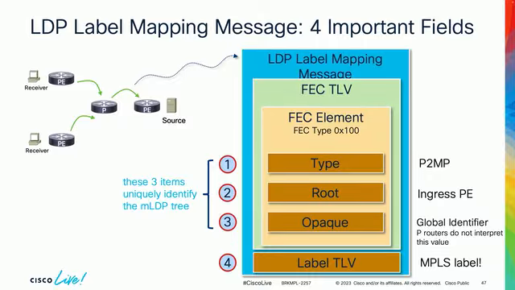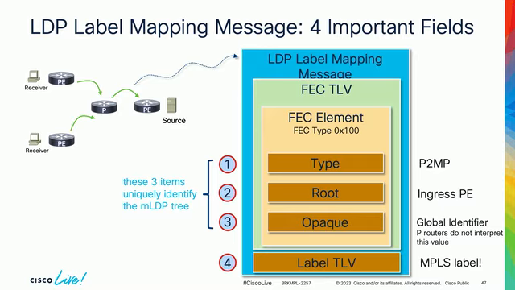Then the root, which is where the source is sitting. And the third element is the opaque value. This particular value is going to map your flow or group of flows or your services, any flow within a VPN. So this will be identified by the opaque value. And then the last one is a label.